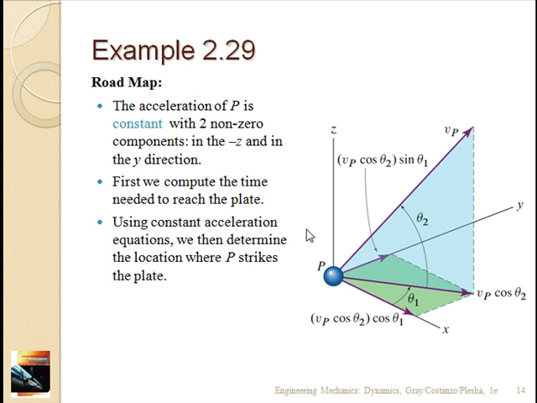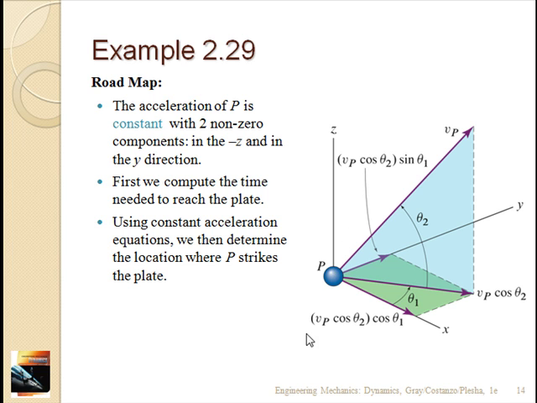All right, so we're just going to write F equals ma and break it up into components and then solve those equations. Okay, so if we look at this in terms of components, we can break up this velocity vector for the initial velocity in an x component, a y component, and a z component.